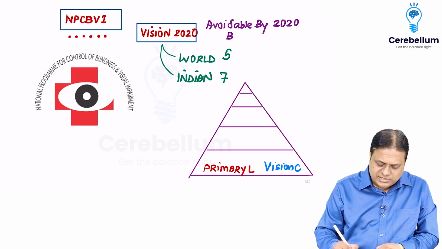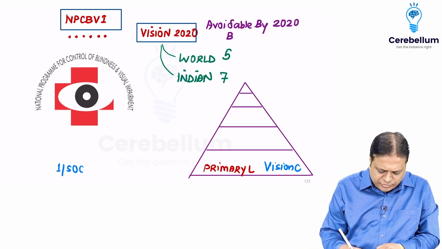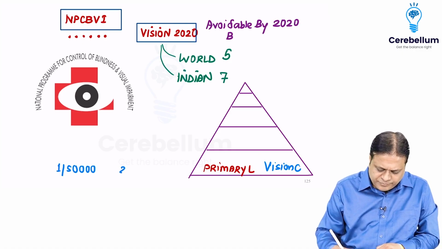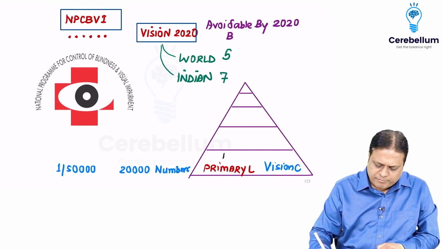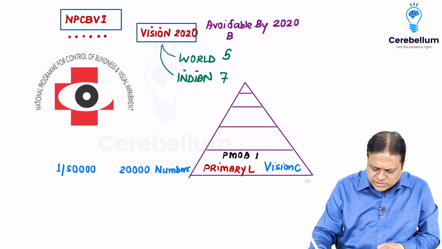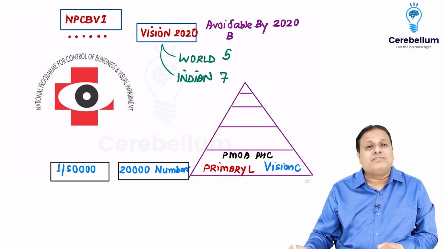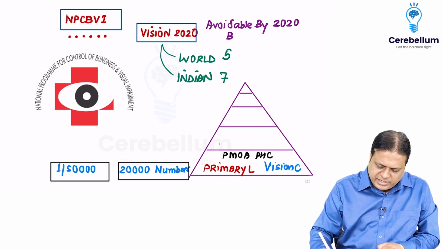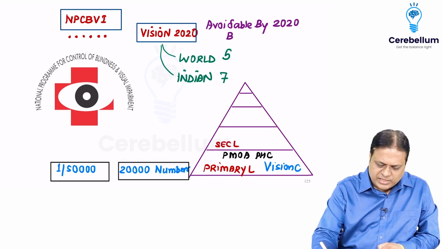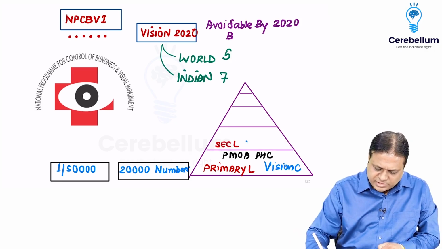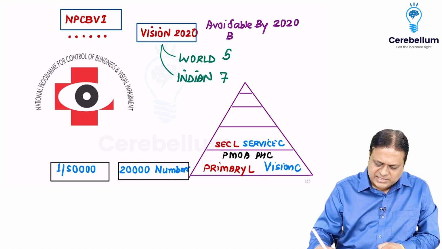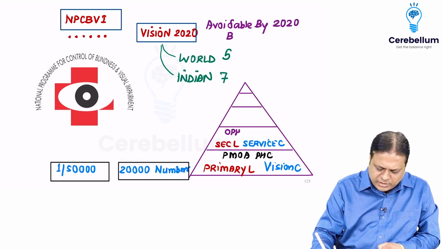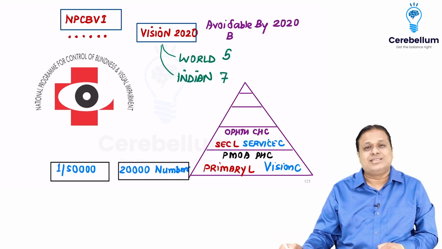These vision centers have been developed 1 per 50,000 population, and there are 20,000 such numbers in India, to be managed by the paramedic ophthalmic assistant of PHC. Above that, we have the secondary level of healthcare, where we have created service centers. Service is the cataract surgery to be given by an ophthalmologist at CHC.